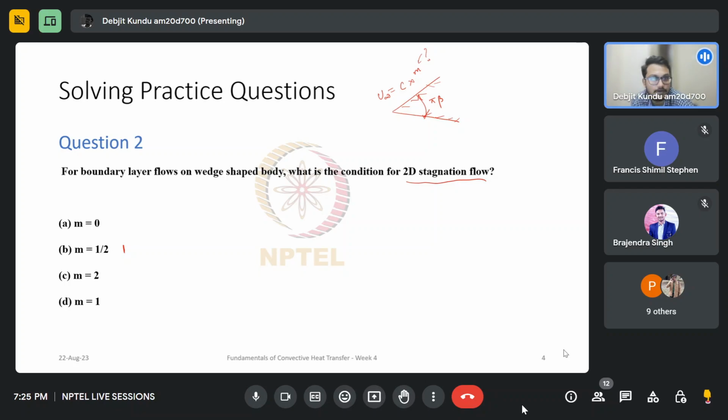Take your time, there's no hurry. Once you have figured out the solution, you can type it in the chat box.